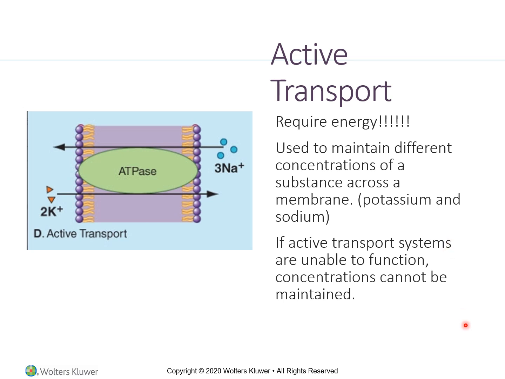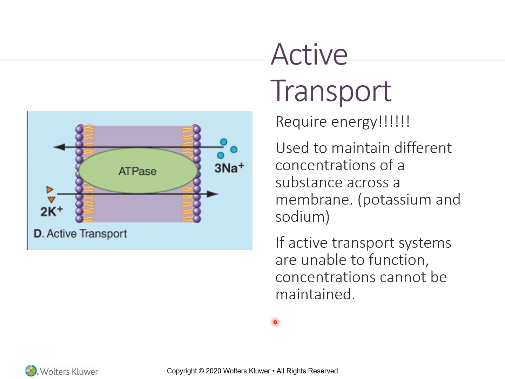Okay? If active transport systems are unable to function, and the biggest thing that makes this unable to function is the lack of energy, then our active transport mechanism fails. So in the case of the sodium-potassium pump, if we run out of ATP, then sodium starts to increase its concentration inside the cell because we don't have that pump to prevent this from happening.